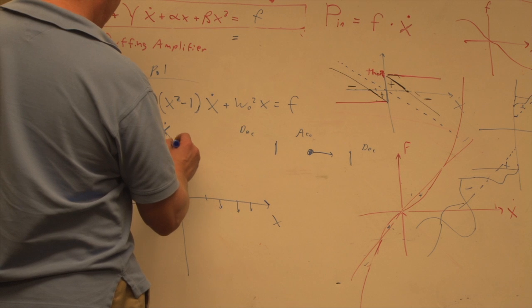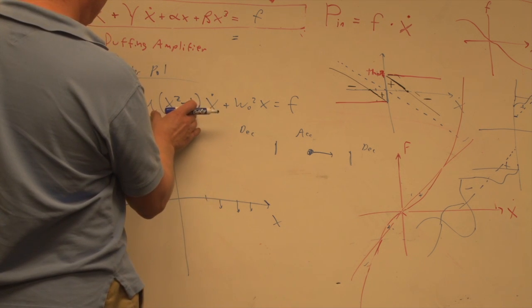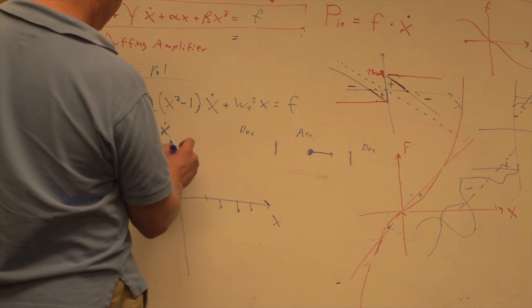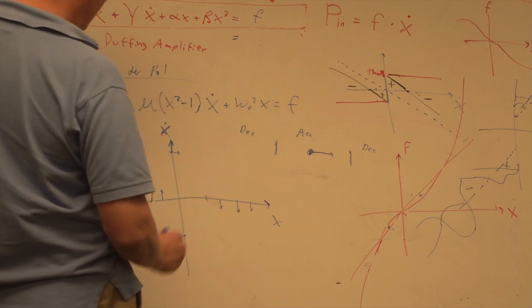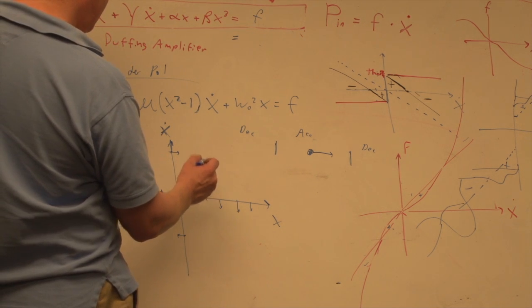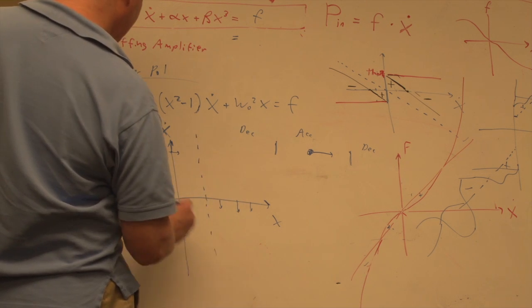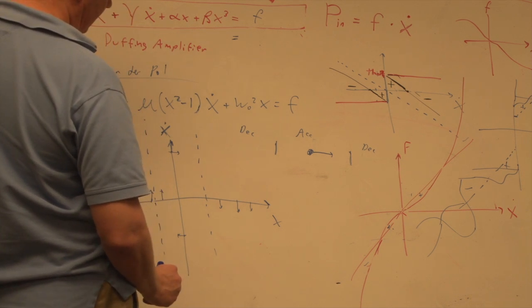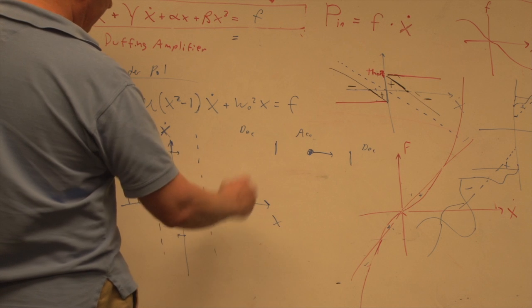And then when x is 0, you're going to have negative damping. So this would be -1. So you're going to be driving when x is 0, kind of like that. Okay. And then between x being 1 and -1, you're actually adding energy to the system. And outside you're taking energy out. So you're going to get some sort of oscillation.